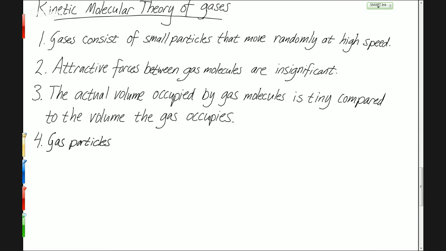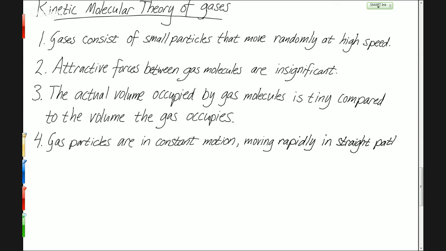I'm going to say gas particles are in constant motion, moving rapidly in straight paths. So they never stop. They're always moving, and most importantly, they're always going in straight paths.